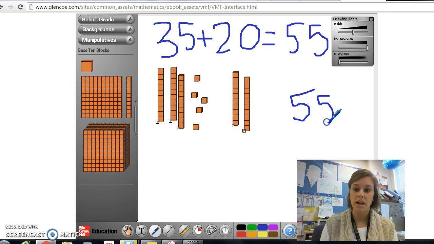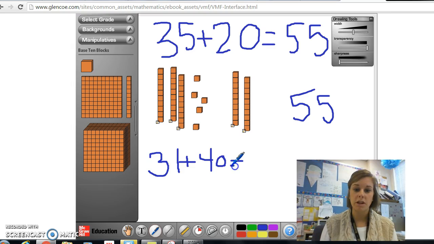So I counted up by tens, and I also used rods and cubes. Let's do one more. Let's say I have 31 plus 40. So I'm going to think in my brain.